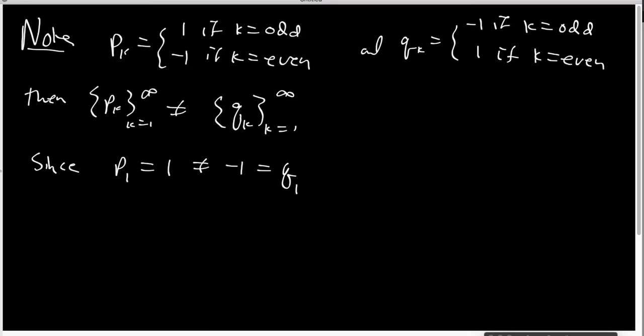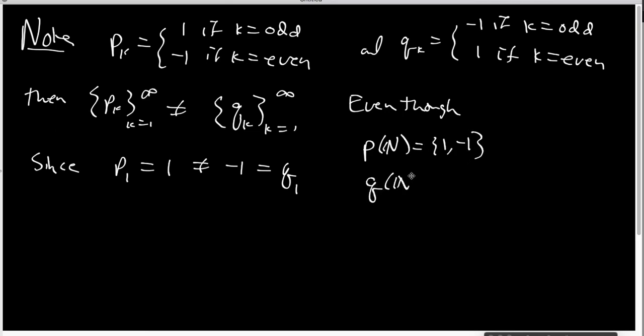And it's important to note that this is true, that these two sequences are not equal, even though if I look at their image sets, the image of P is {1, -1}, and the image of Q is also {1, -1}. And they actually look like they have very much the same graph.